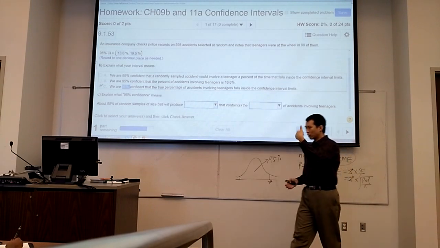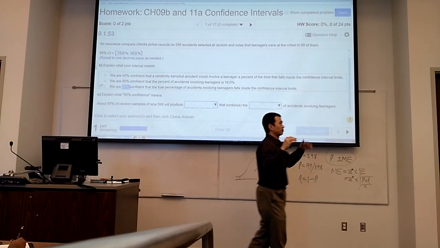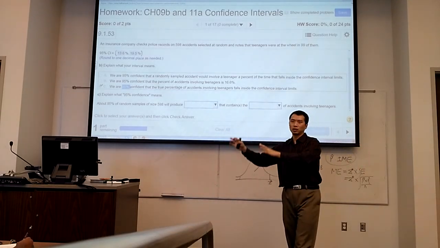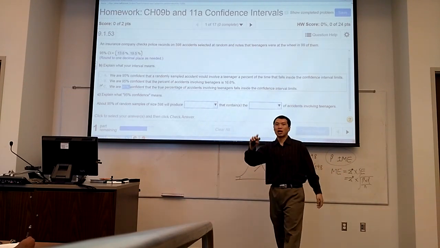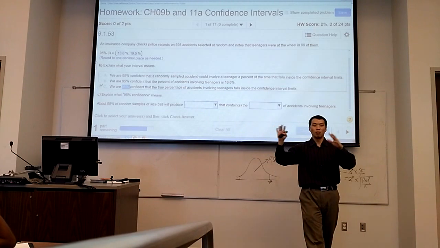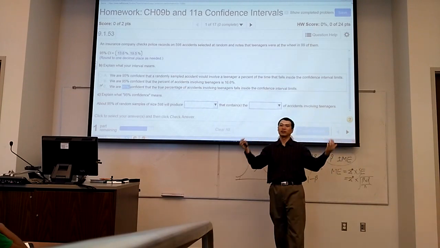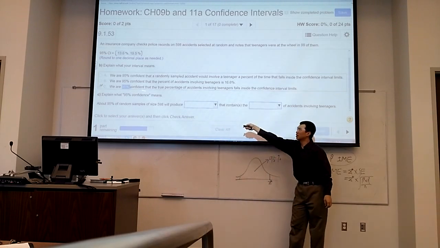So if you work on the homework questions, you will see many types of descriptions. How do we know this description is correct or this one is not correct? You don't have to learn so many types of wrong descriptions. You just remember this template.